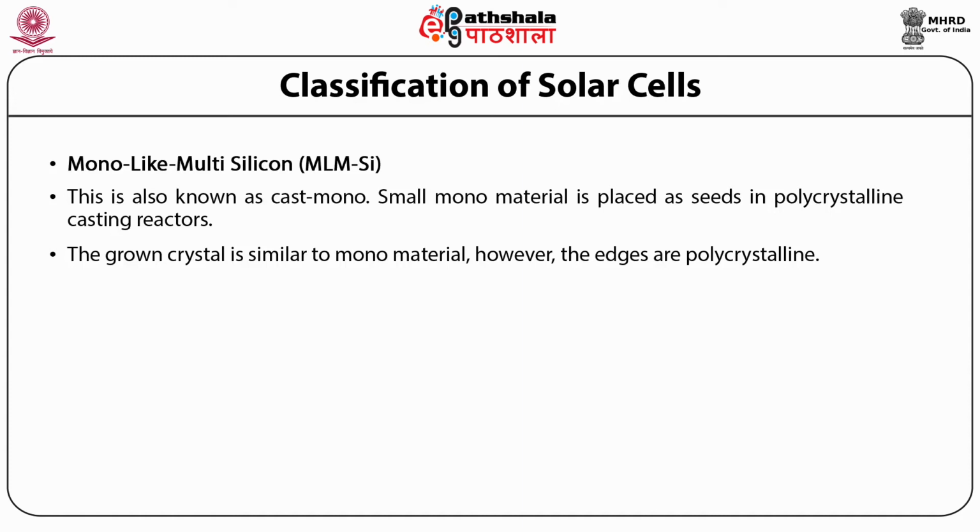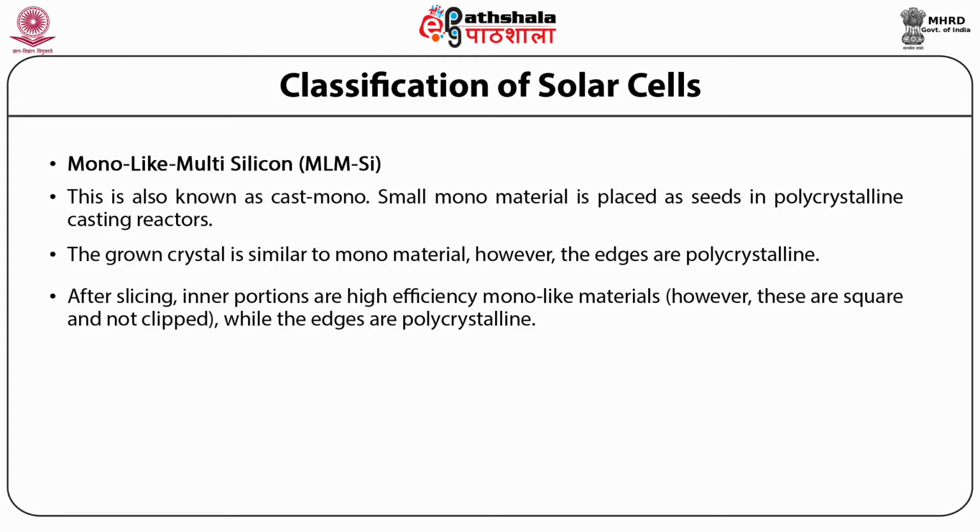However, the edges are polycrystalline. After slicing, inner portions are high efficiency mono-like materials. However, these are square and not clipped, while the edges are polycrystalline. This processing produces mono-like cells at the cost of poly.